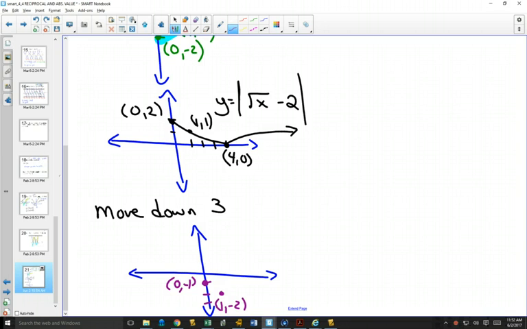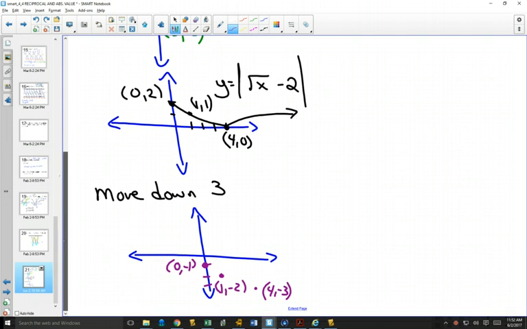And for 4, 0, it is now going to be 4, negative 3. The shape of the graph is going to stay the same as it was before, like that.